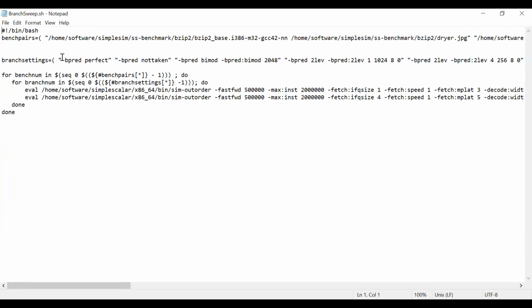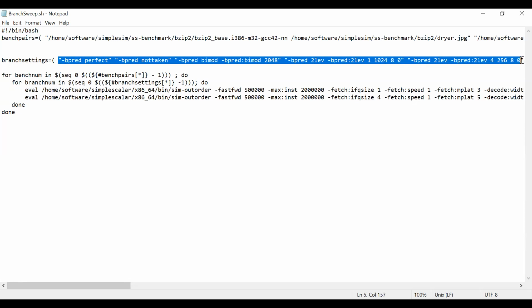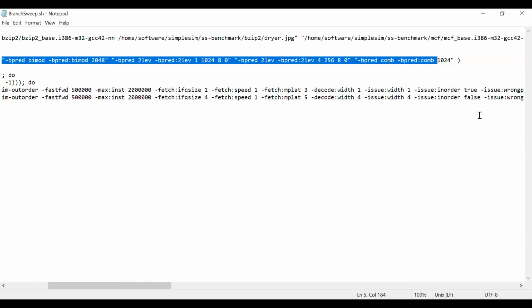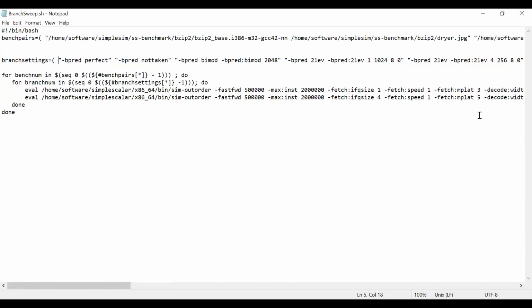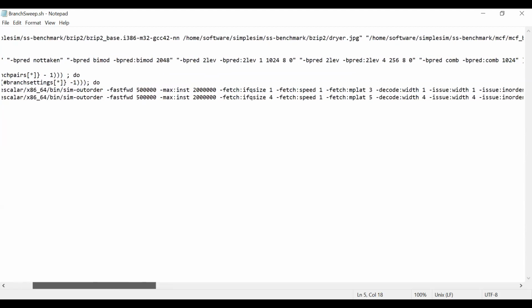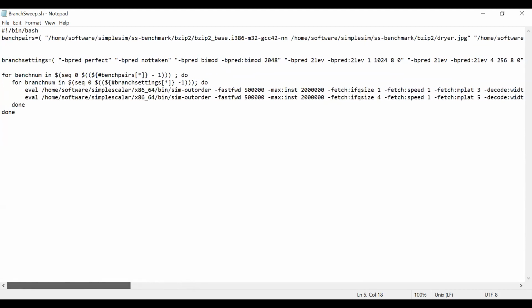This is going to look at an array of different branch predictors that can be modeled within SimpleScalar. And so you're going to look at the relative impact of choices in branch prediction on both an in-order and an out-of-order machine. And then you're going to look at how you would try to extract the findings from running these simulations. They're only going to be like 60 simulations.